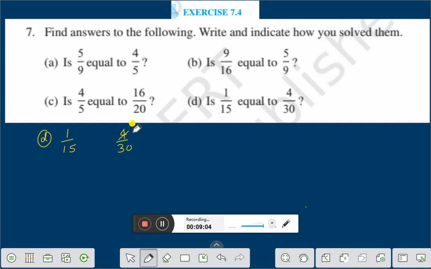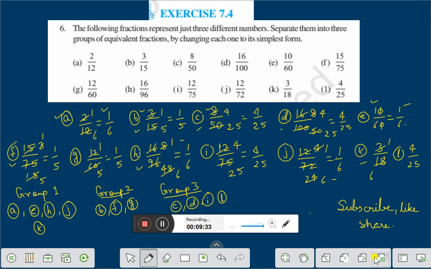If I write the simplest form, that is 2 2 is 4 and 2 15 is 30. Here it is 1 by 15, it is 2 by 15. Therefore, we can write that 1 by 15 is less than 2 by 15 or 4 by 30. Therefore, the question is, is 1 by 15 equal to 4 by 30? No.